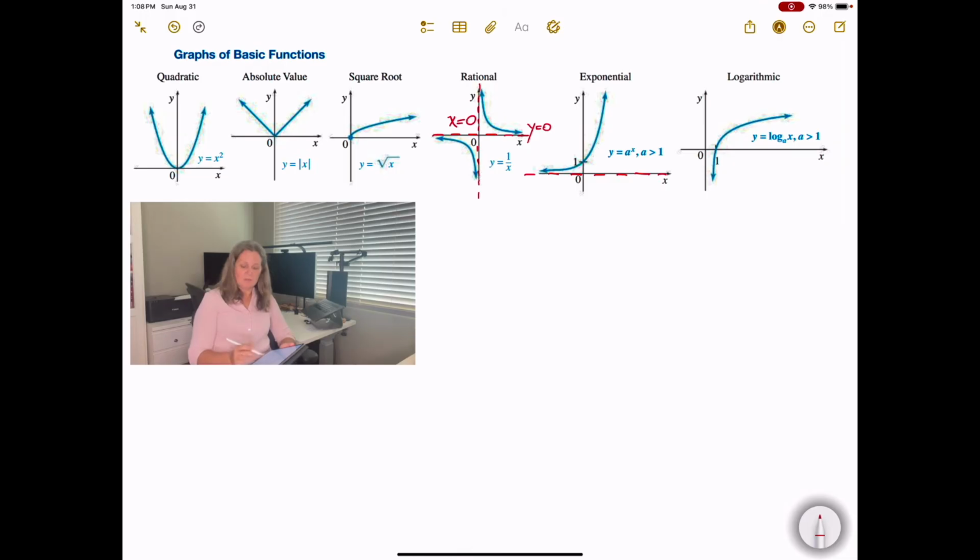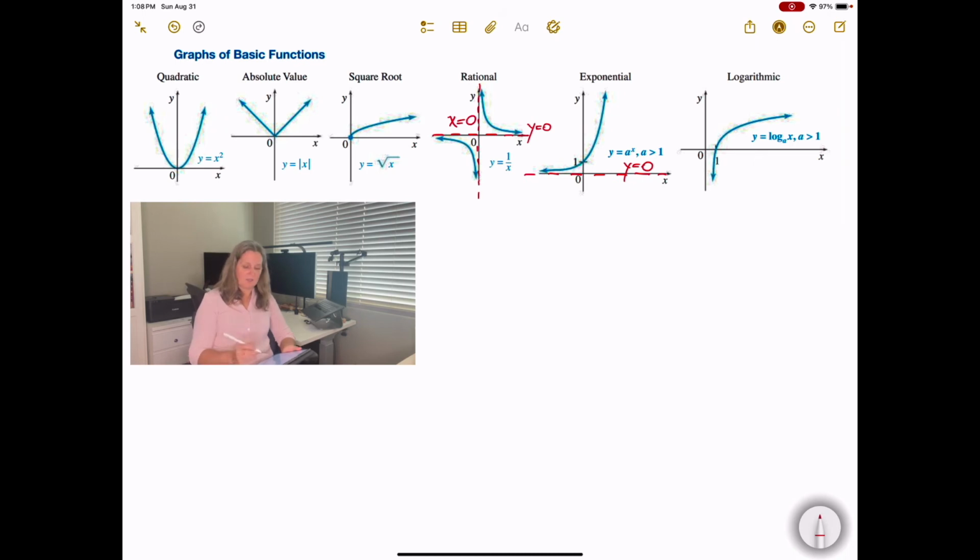For the exponential function y equals a to the x, where a is greater than 1, we notice how the output values of the function a to the x get closer and closer to 0 as the input values x go to negative infinity. The horizontal line y equals 0 is a horizontal asymptote of an exponential function a to the x.